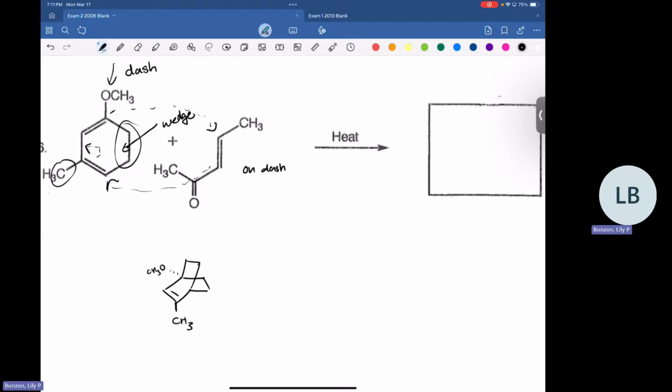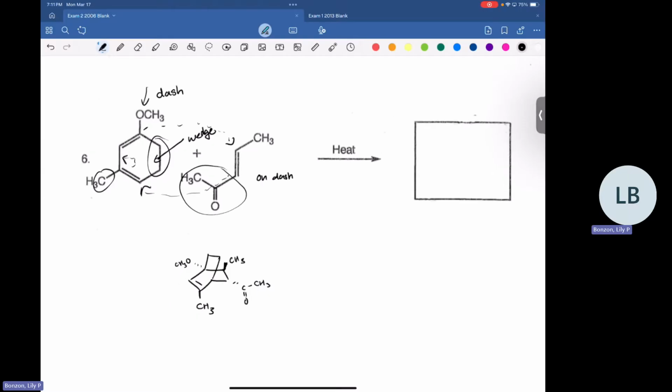So one of them is going to have to go on a wedge, and one of them is going to have to go on the dash. In this case, since they're different, I'm going to put the bigger ketone group on the dash. And then the methyl, since it's smaller, I'm just going to put on the wedge. All right, so that's wedges and dashes.